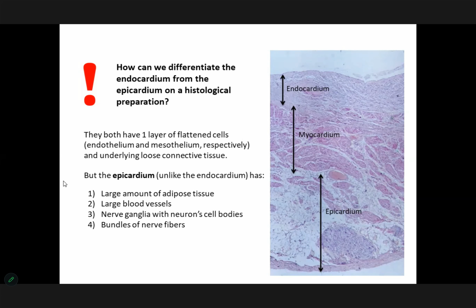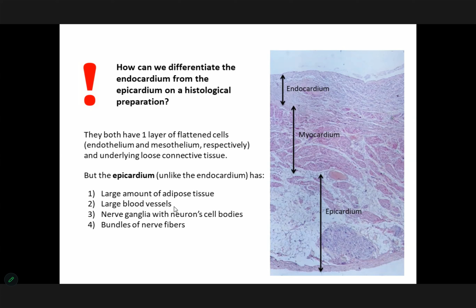But the epicardium, unlike endocardium, may include a large amount of adipose tissue. So here you can see adipose tissue. Adipose tissue can be present in endocardium also, but it is much more developed in epicardium. A lot of adipose tissue in epicardium.